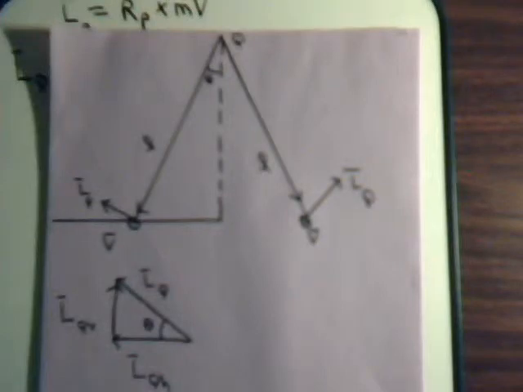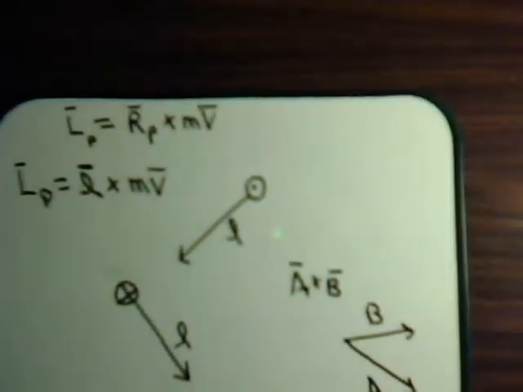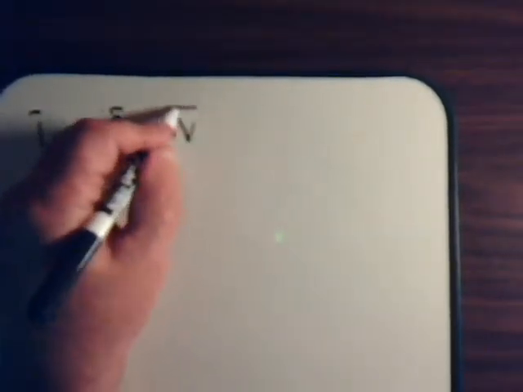Now, what about the magnitude of the angular momentum with respect to Q? So angular momentum with respect to Q is L cross mv.